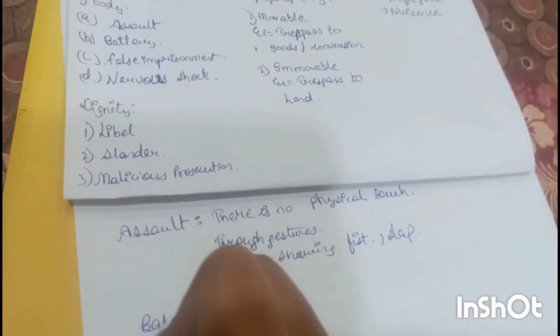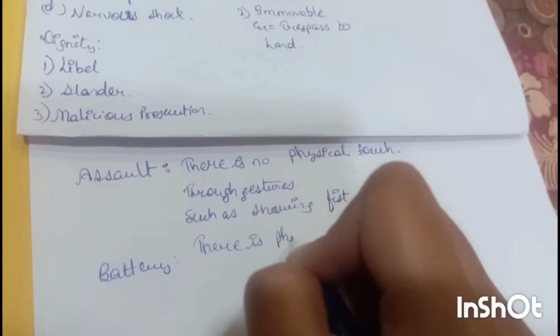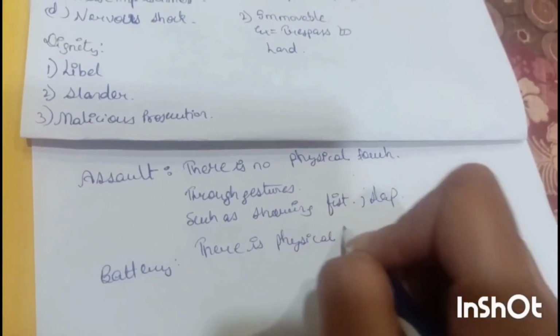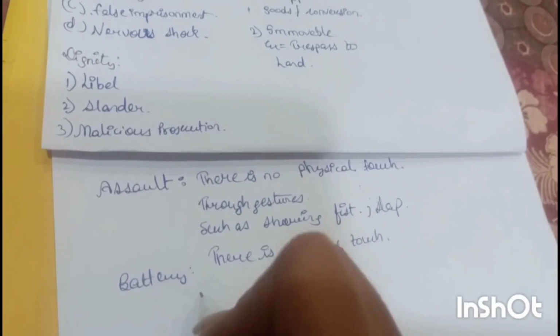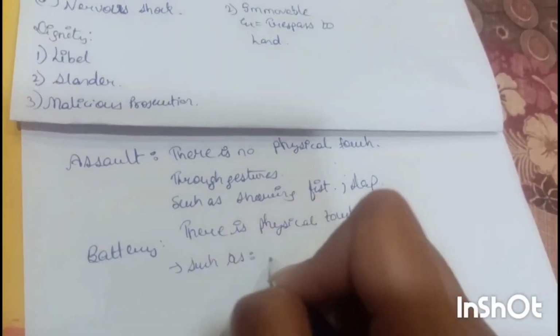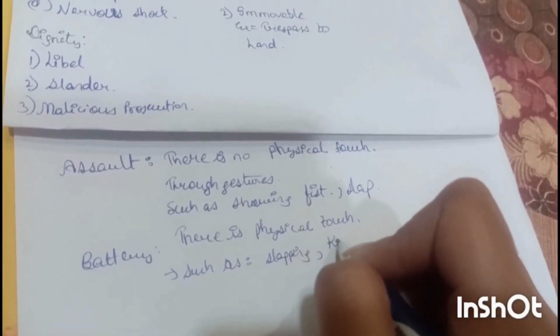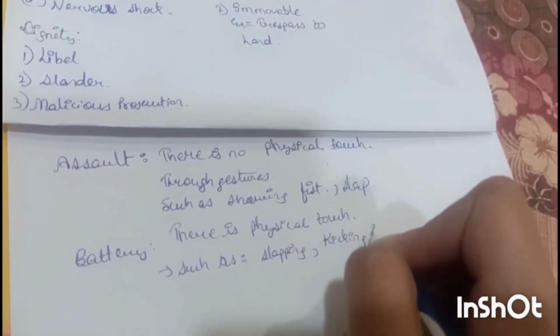And in battery what happens? There is physical touch, such as slapping, kicking, and many more.